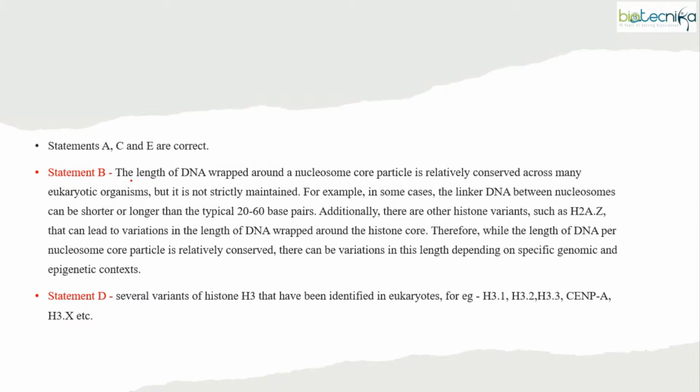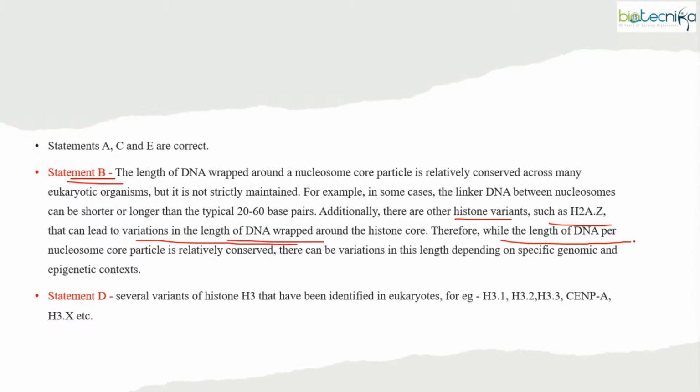Statement B doesn't require any explanation because, as I told you, based upon the linker DNA, the number of base pairs can vary. And also if histone variants are present, for example H2AZ, that is the variant of H2A, there also you will find variations in the length of DNA being wrapped.